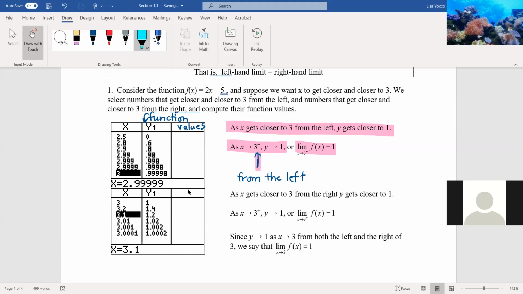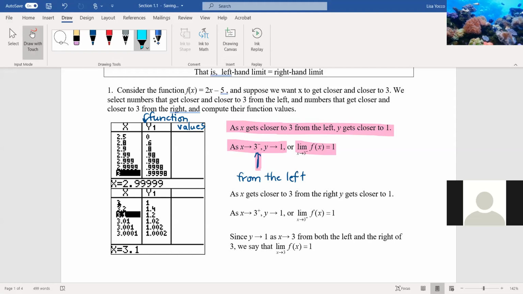All right. So that second screenshot of x's starting at 3. So we're kind of backing up or starting on the right of, wait a minute, something's not right there.